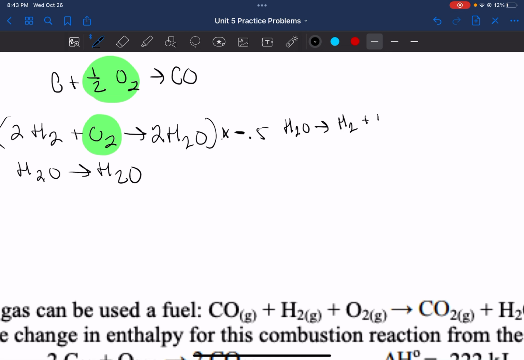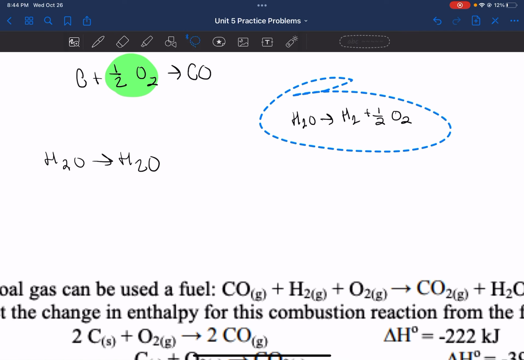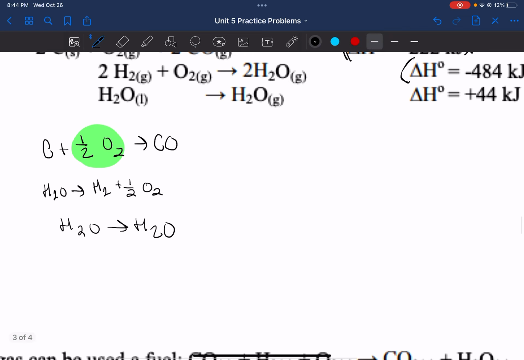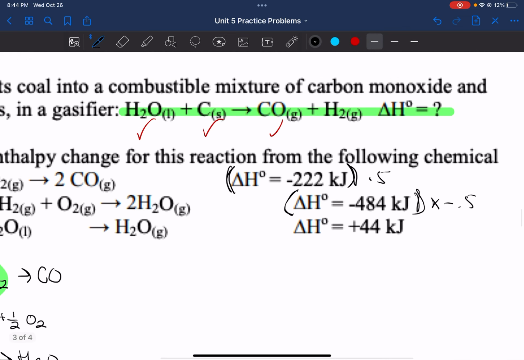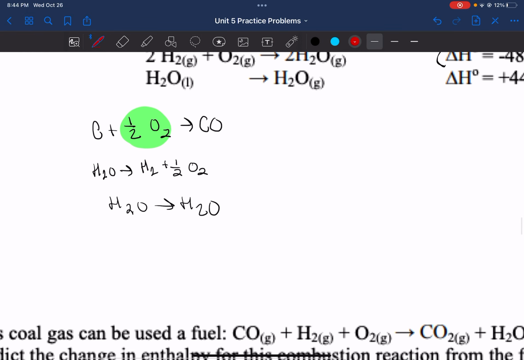So it'd just be 1/2 O2. Okay. We no longer need this. So we bring this over. And H2 is now on the right side. Therefore, everything is looking handy.